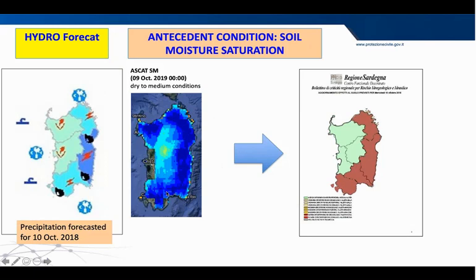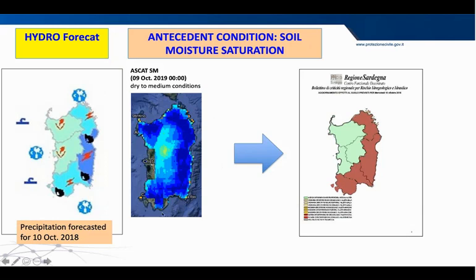So we know that generally this kind of meteorological event has a difficulty to be correctly localized in time and in space. So when we receive a forecast on events related to convection, we have to be aware that it's very difficult to be sure about the time and space localization.